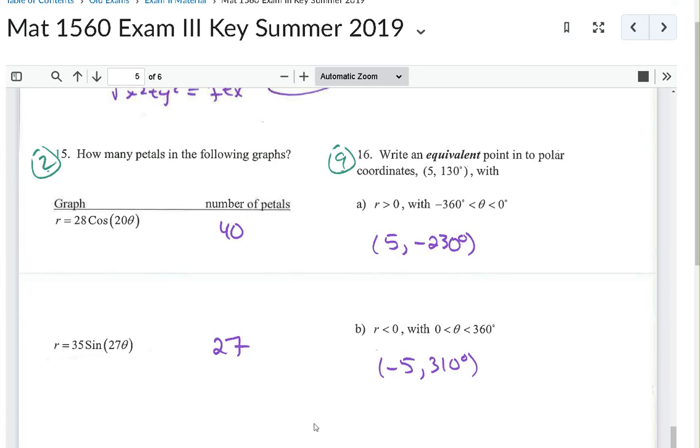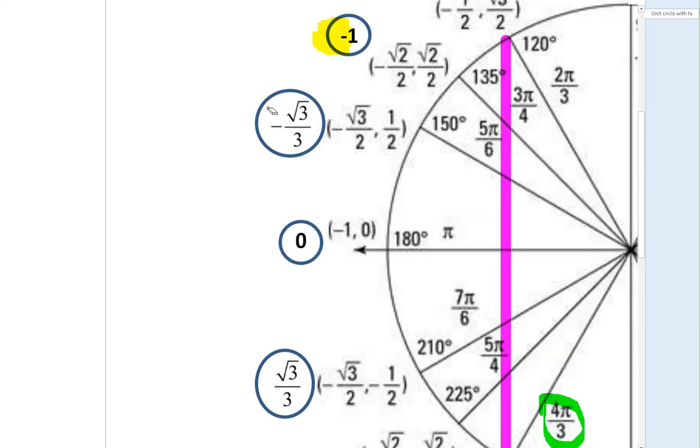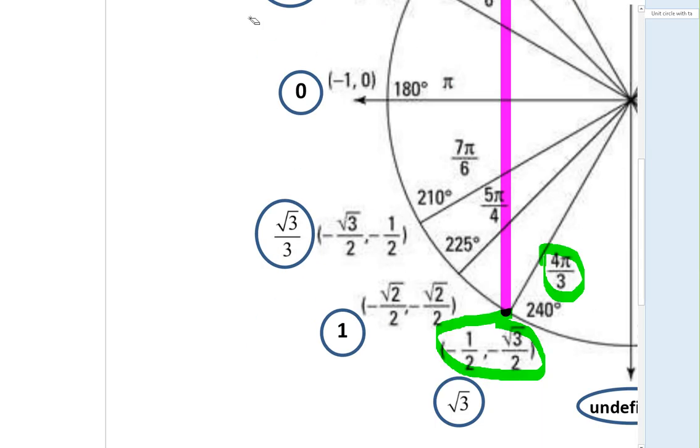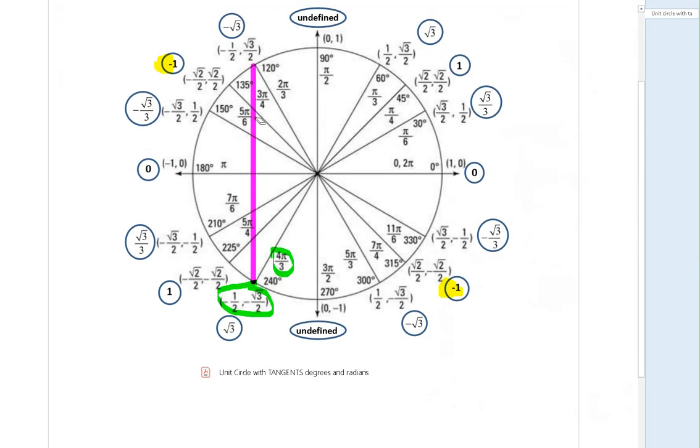So let's open up the unit circle and let me zoom out a little bit. There. And I'll move you out of the way.